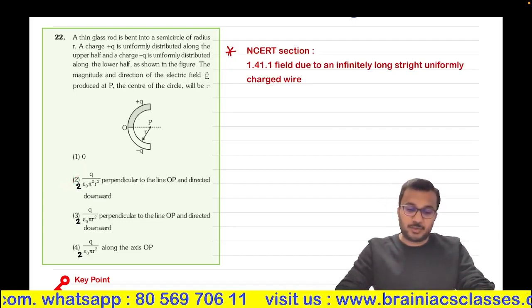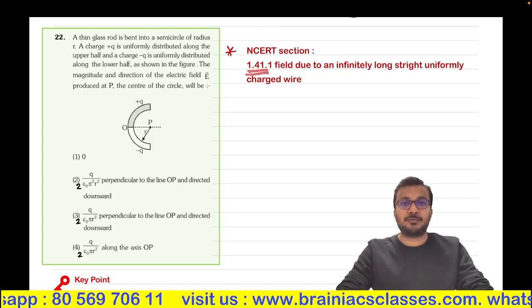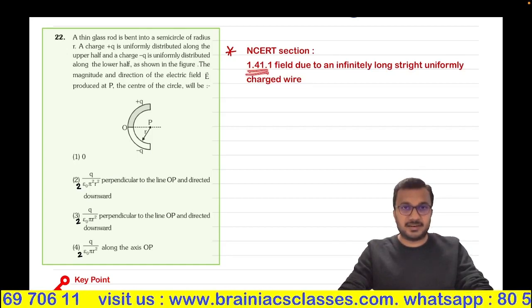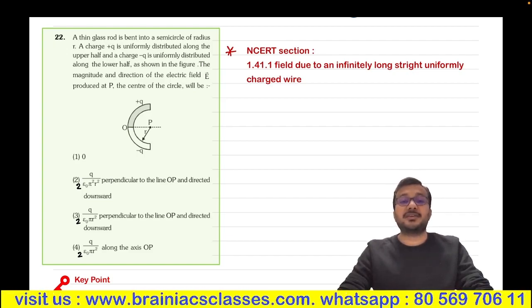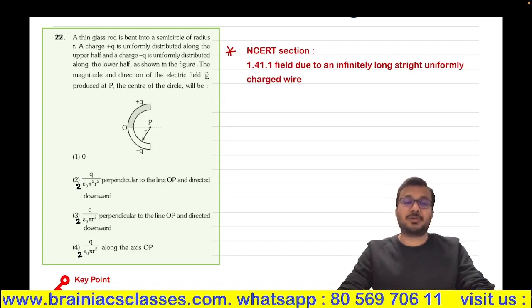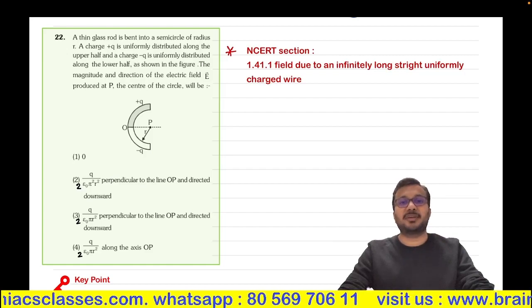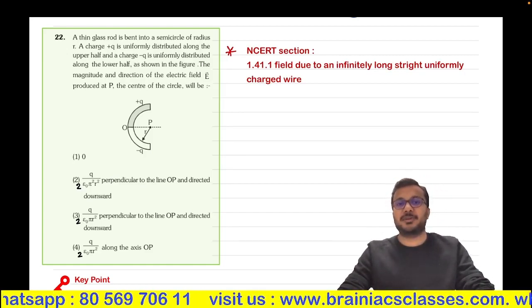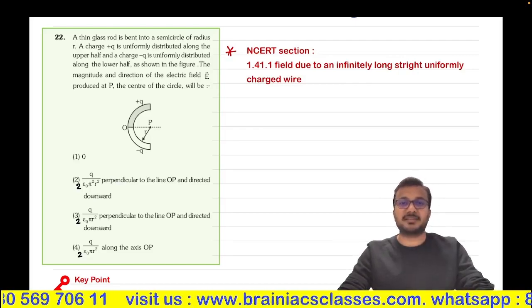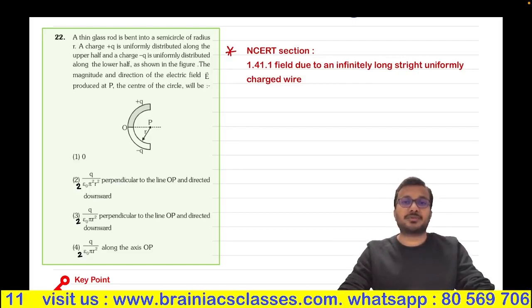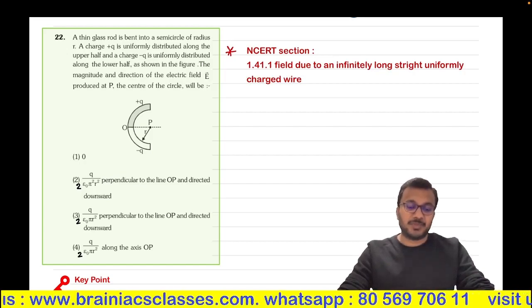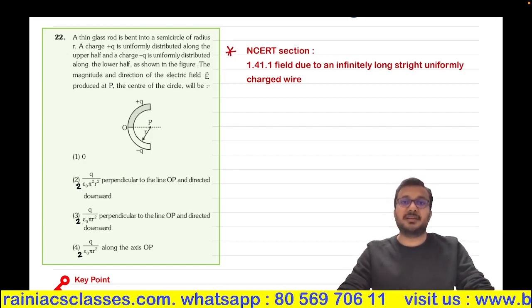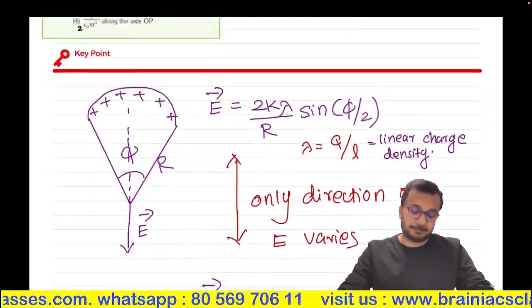It is perpendicular to the line OP and directed downward. Once again, reminding you, this question is from the NCERT section on continuous charge distribution. It's one of the highly important topics. Normally I have seen, both for the IIT JEE examination and for the medical entrance NEET examination, one question always comes from that area. So please don't skip the area, please study it very seriously.